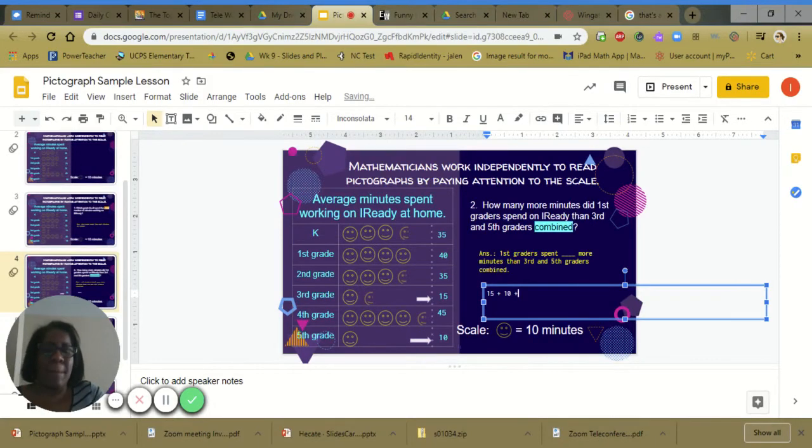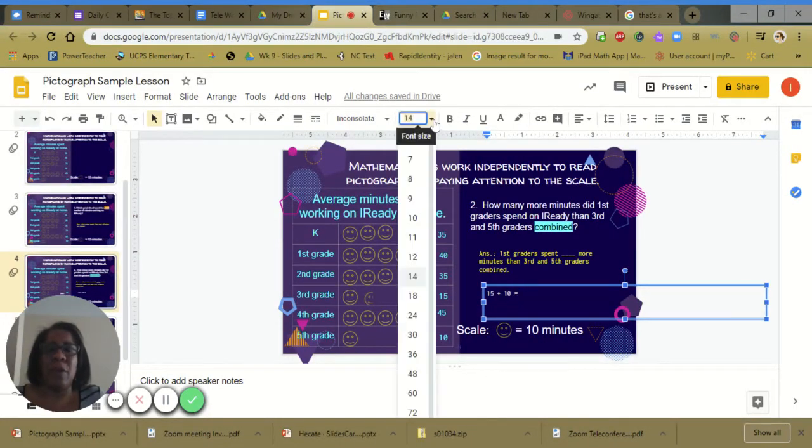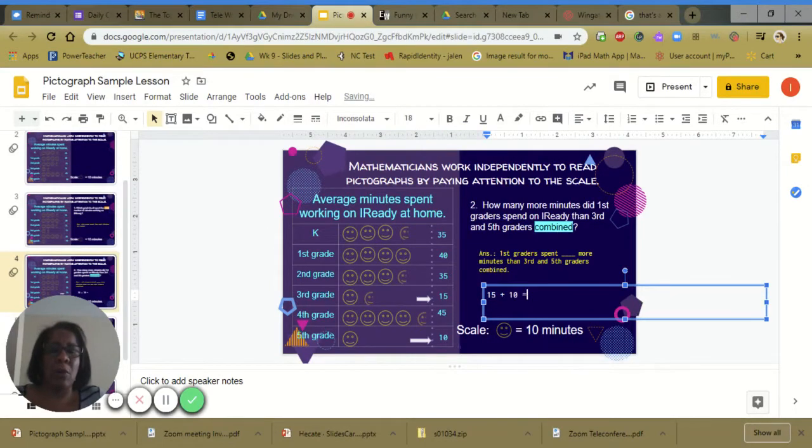So I need to combine the two, which means I need to add the two. So 15 plus 10, you guys are all amazing mathematicians, that would give me a total of 25 minutes. Now, am I done? No, I'm not, because I've yet to answer the question.